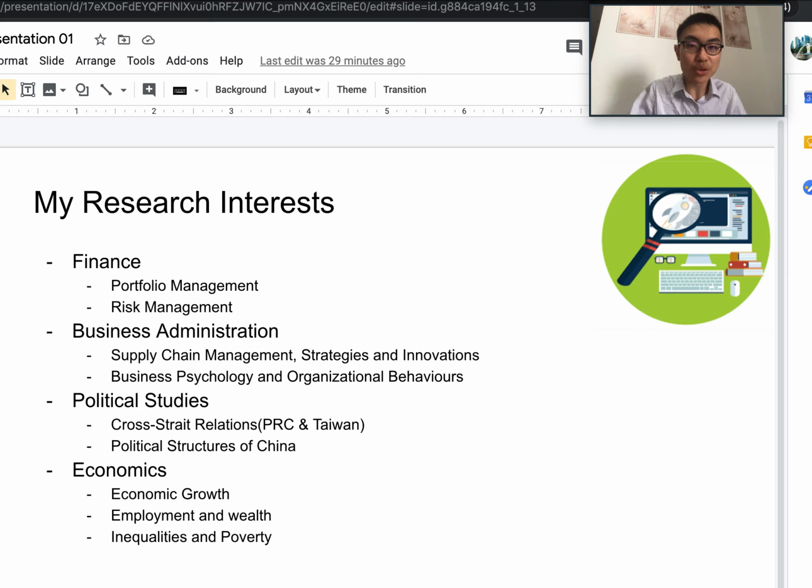And my research interest can be broken down into 4 different areas: finance, business, politics, and economics. So under finance, my favorite part is portfolio management, which is the management of investment decisions for both individuals and corporations. How do we make risk-minimized investments? How do we invest in high-return investments? How do we build a portfolio? How do we combine different investment strategies, different financial instruments?